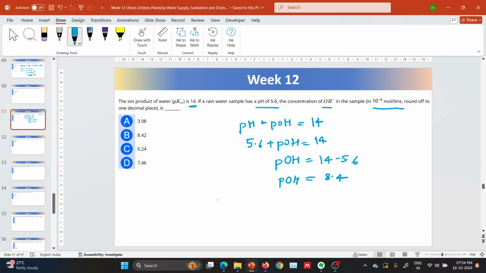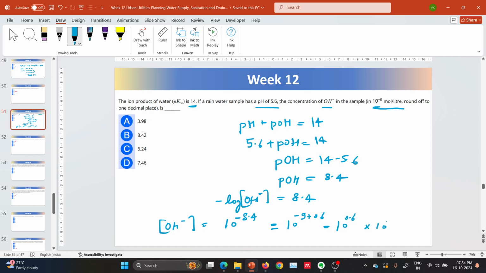So pOH is nothing but minus log of OH minus ion concentration, which equals 8.4. So OH minus ion concentration can be written as 10 to the power minus 8.4, but we have to represent it in the form of 10 to the power minus 9, so we will write it as 10 to the power minus 9 plus 0.6, and we will solve it as 10 to the power 0.6 into 10 to the power minus 9. 10 to the power 0.6 is 3.98.